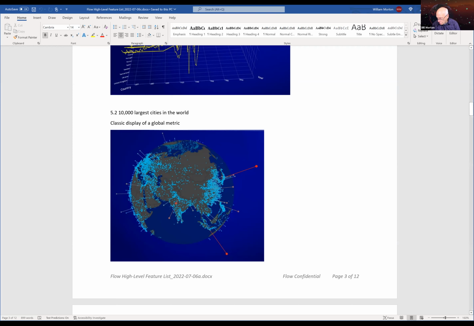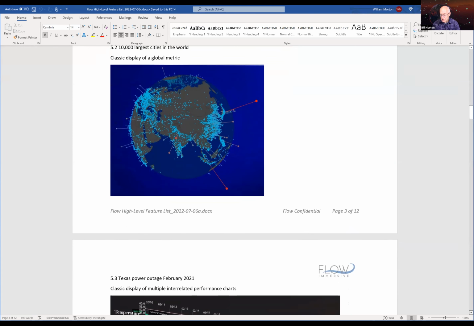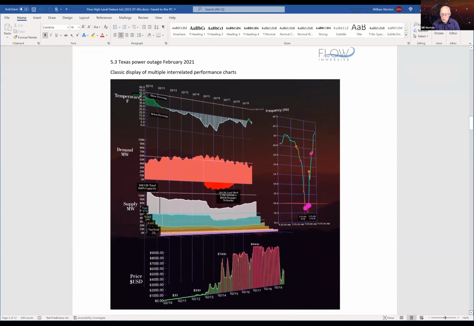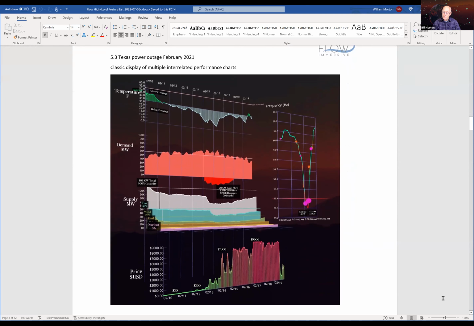Okay. For those of you who've been to prior sessions, you've seen that graphic before. If you've gone out onto our featured flows, this is an example of the charts that appear in the Texas power outage flow. This is an example of putting like 1, 2, 3, 4, 5 charts all on one chart.